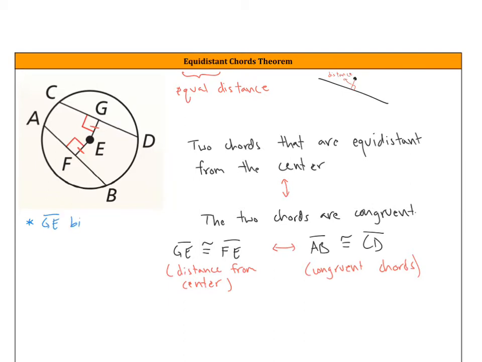Segment GE bisects its chord CD, and segment FE bisects its chord, which is chord AB. Okay, so just keep this in mind because we will need that very fact to do a little bit of calculations and solving in the next example.